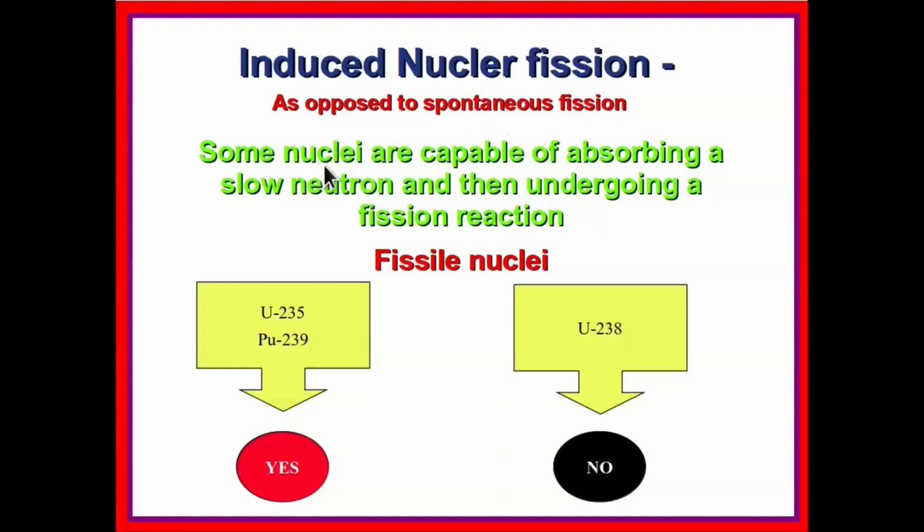These nuclei are capable of absorbing a slow neutron and then undergoing a fission reaction. These are called fissile nuclei. One example of a fissile nucleus is uranium-235, or plutonium-239. These absorb neutrons, and the resulting nucleus fissions into fission fragments. On the other hand, uranium-238 cannot fission by absorbing a slow neutron.